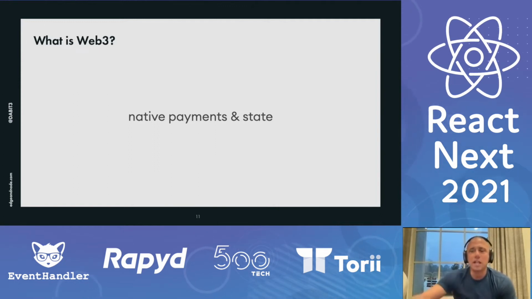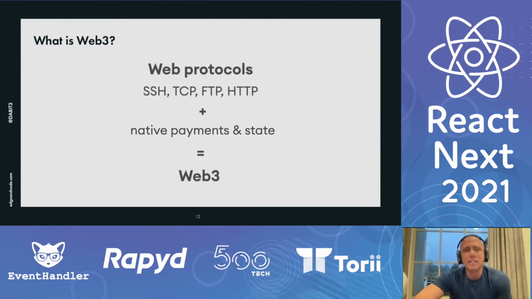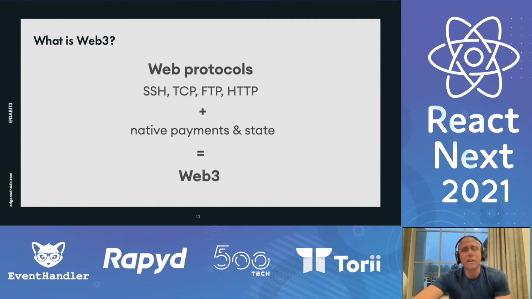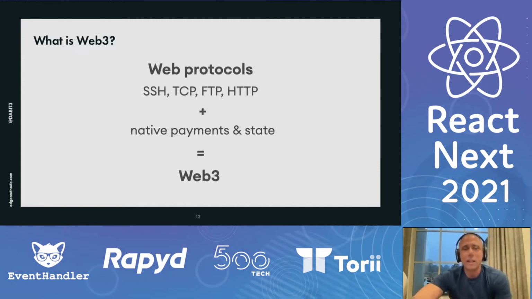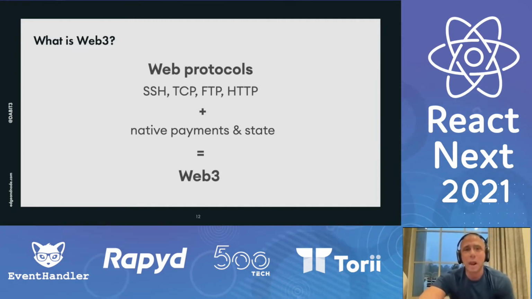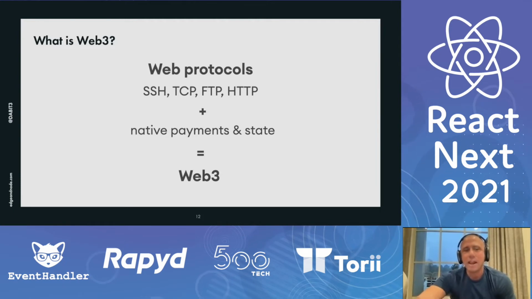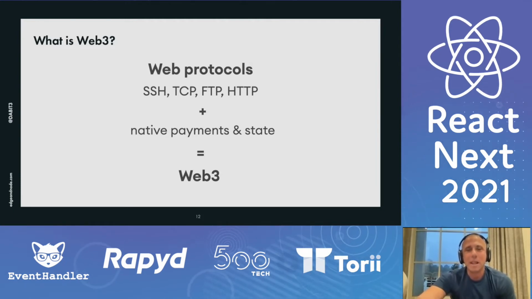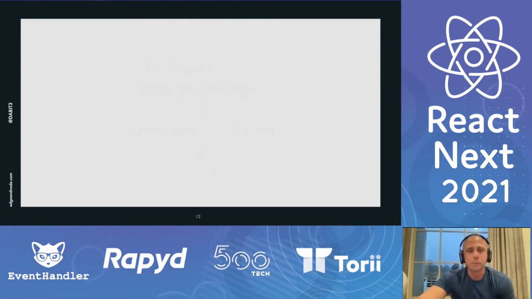So blockchain technologies have enabled the addition of a couple of different pieces of native functionality that we can now add to our toolkit for building out applications. They enable new ways for us to build stuff now that we have the ability to program native payments and native state.